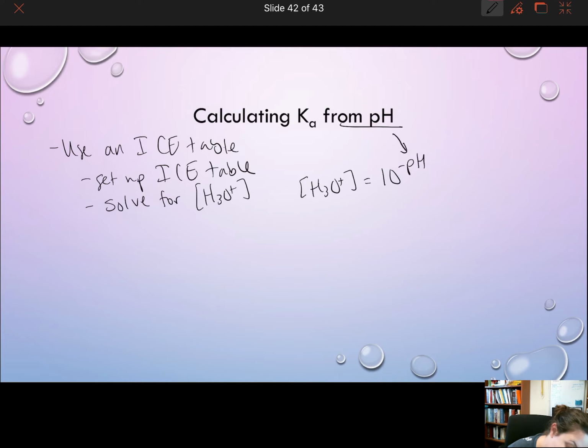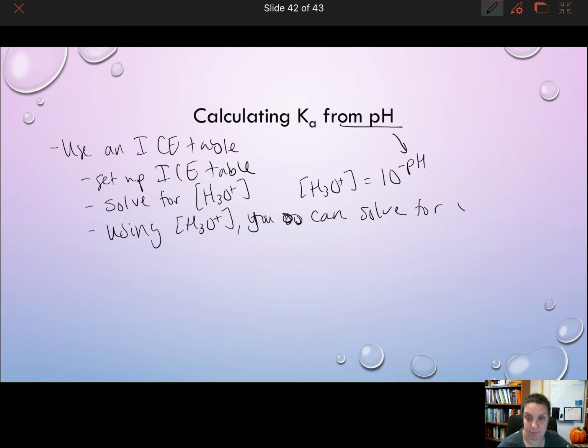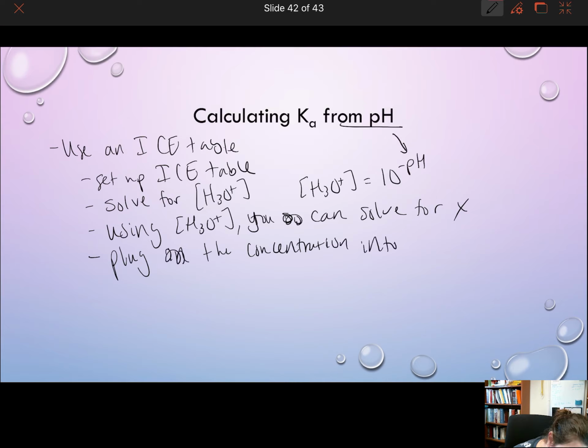And then we're going to use our hydronium concentration to solve for X. Right? And then after you solve for X, you can plug in the concentrations into Ka.